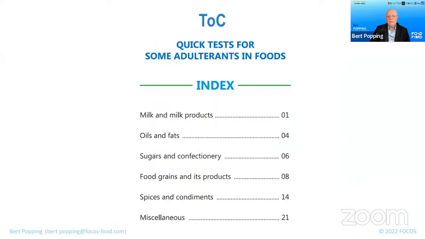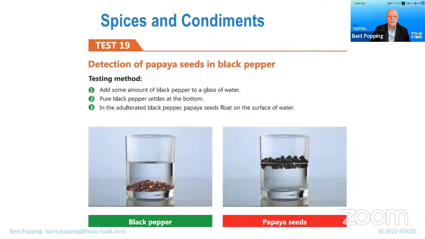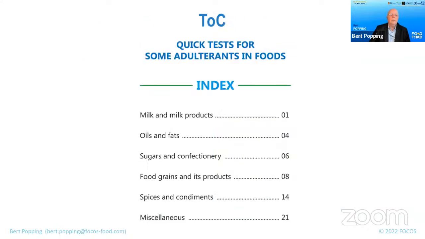And I find that very interesting, because that is an approach that should be promoted, I feel, and should be propagated through different countries, because it's so simple, because they use things that everybody has in the kitchen, or most people do anyway. And they cover quite a range: milk and milk products, oils and fats, sugars, food grains, spices, and other materials.